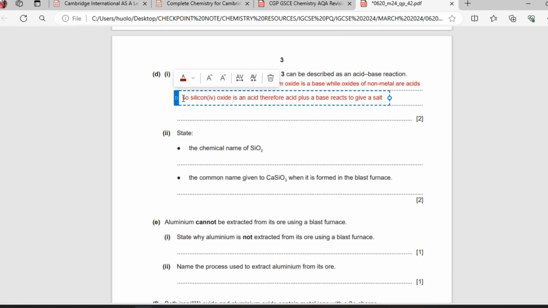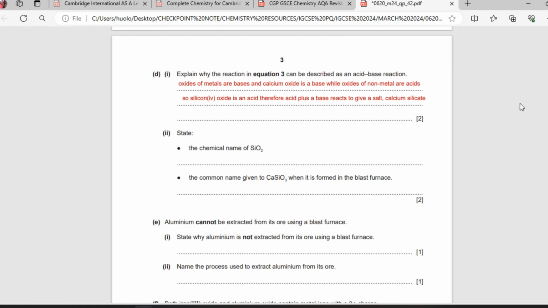Okay, reacts to give a salt, calcium silicate. So the product at the end of the day is calcium silicate.